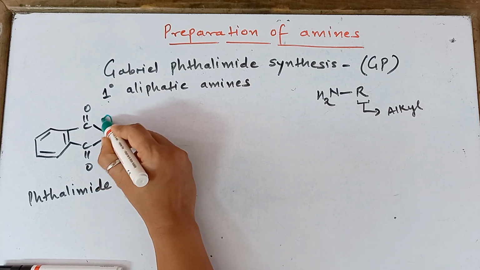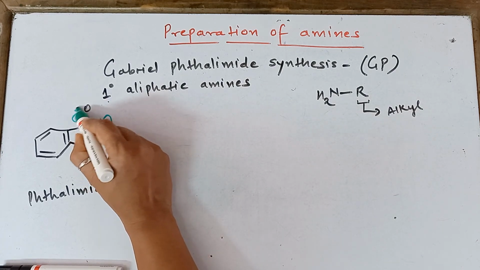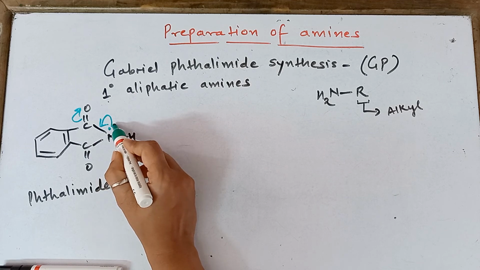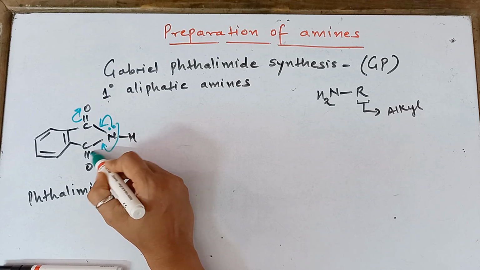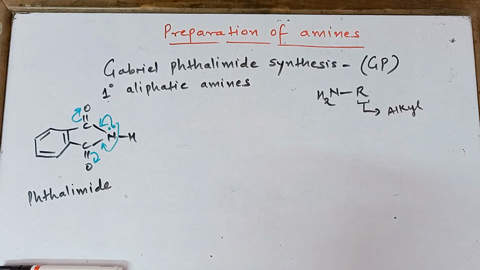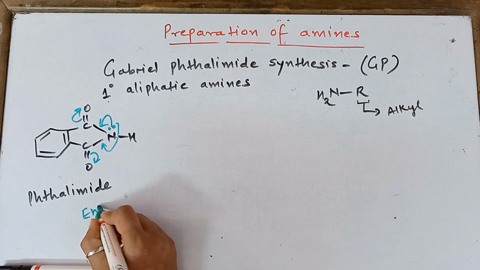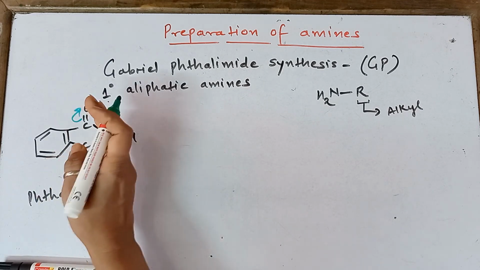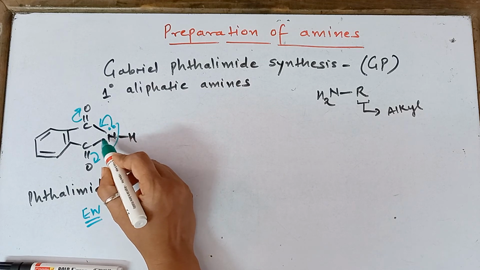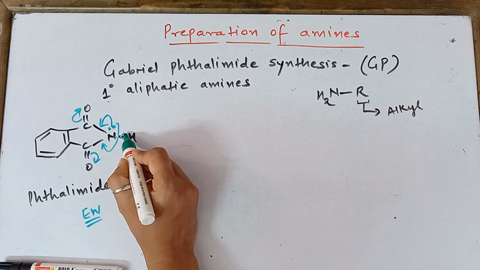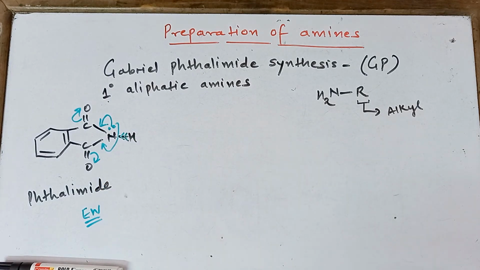So because of this, the electrons get involved in resonance from the top, and the same thing can happen at the bottom also, right? So there is going to be a kind of electron withdrawing effect taking place on this side. Because of this electron withdrawal, the electrons of the hydrogen atom also get pulled towards the nitrogen atom.